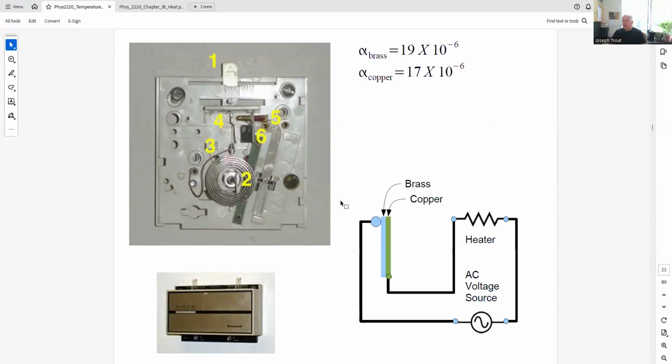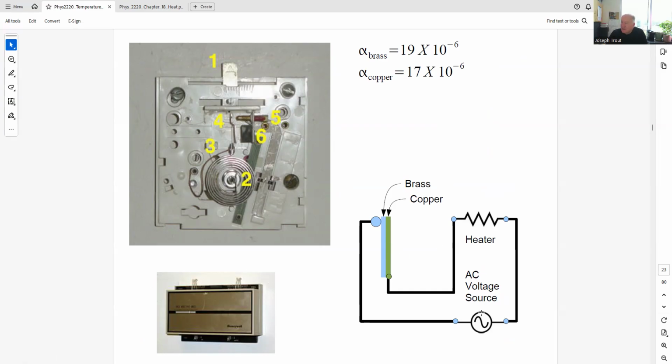Here's some things that it's used for. So for example, if we look at alpha of brass, it's 19, and alpha of copper is 17. That means that brass is going to expand more for the same given temperature change. So we make things like a thermostat using bimetallic switches.